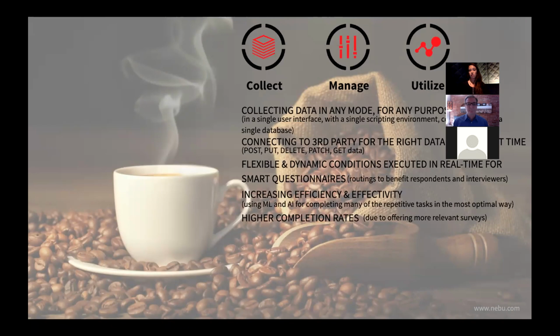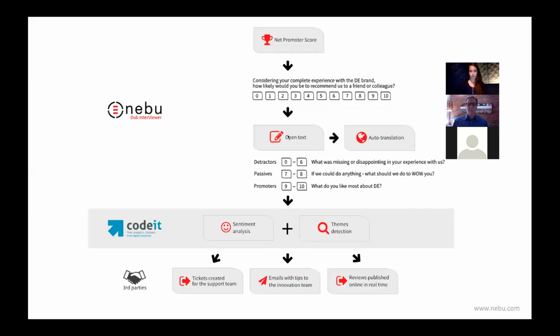So you can really take advantage of the initial engagement of your respondent. And of course, using advanced HTTP request calls, those API calls, to actually trigger actions. So in real time, you can make your data actionable. This is what we will touch upon today.